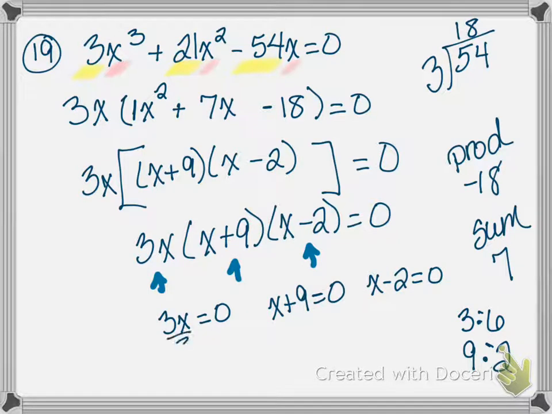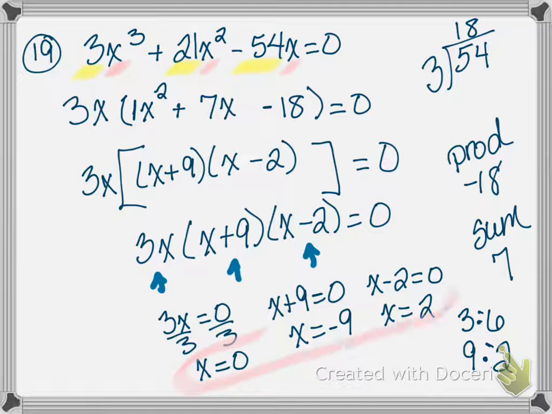Here if I divide by 3, I'm just left with 0. X equals 0. Here I subtract 9 from both sides, and I'm left with negative 9. Here I add 2 to both sides, and I'm left with 2. So these are my answers: 0, negative 9, and 2.